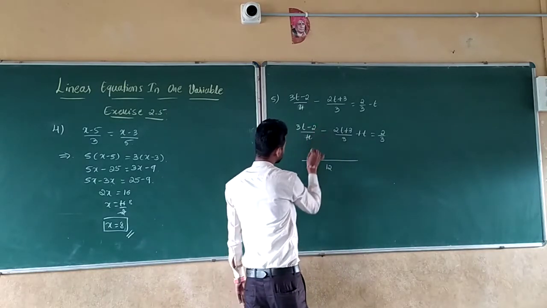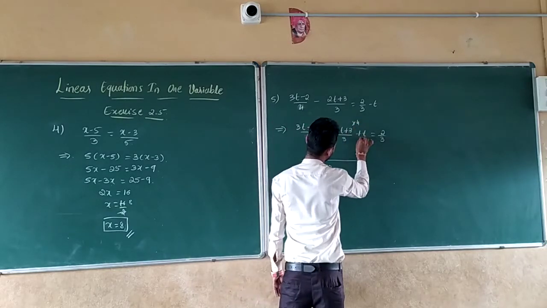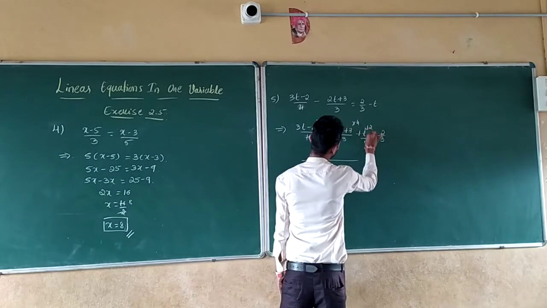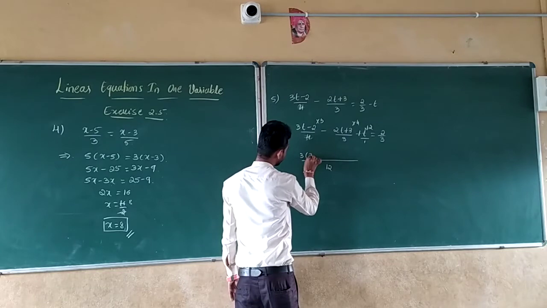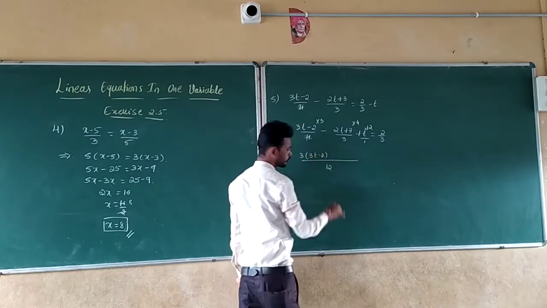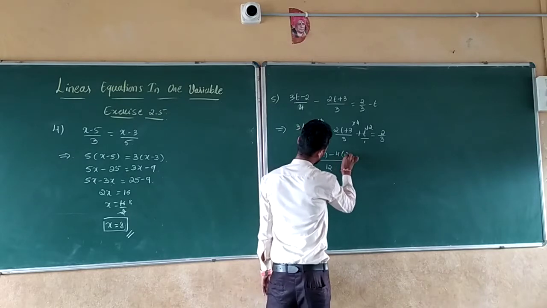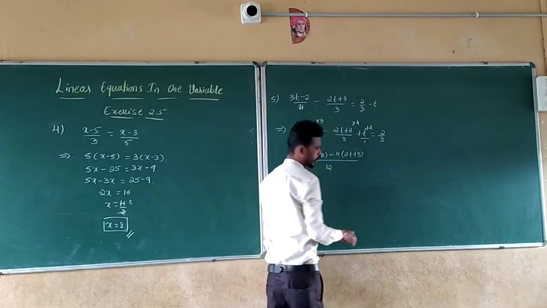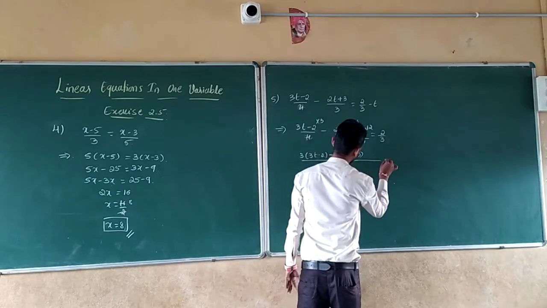So now here it is 4 3s are 12, 3 4s are 12, 1 12s are 12. So now 3 into bracket 3t minus 2 minus 4 into bracket 2t plus 3. You need to multiply those numbers to the bracket. So keep in bracket those numbers.